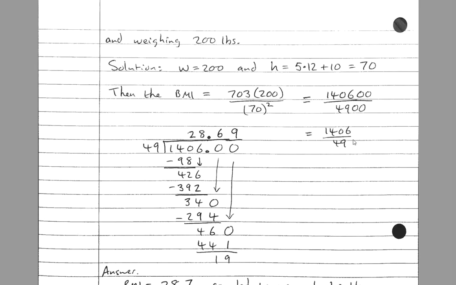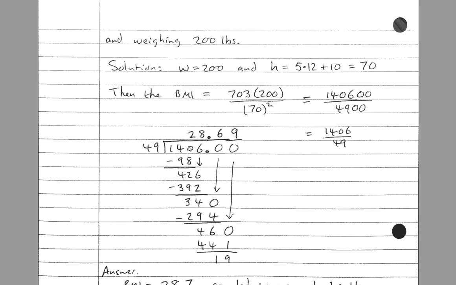And let's convert this into a decimal. So we need 49 into 1406, and I'm adding 0.00. And then just do this division. So 49 goes into 140 2 times.